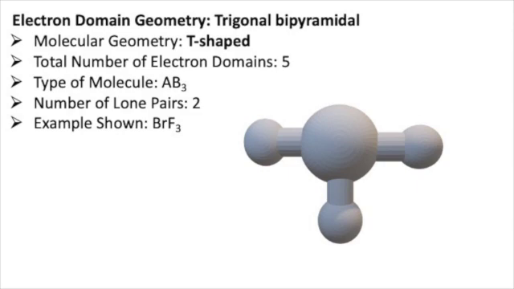We'll also see that there are 2 different angles to think about in the trigonal bipyramidal electron domain geometry.